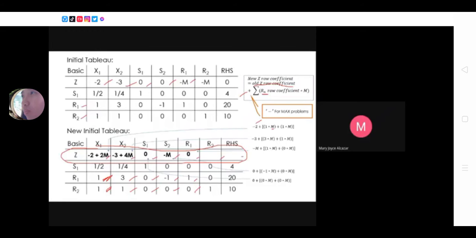And under R2, we have negative M plus 0 times M plus 1 times M, so that is equal to 0. And for the RHS, we have 0 plus 20 times M plus 10 times M. So the resulting value is 30M. So here is our new initial tableau.